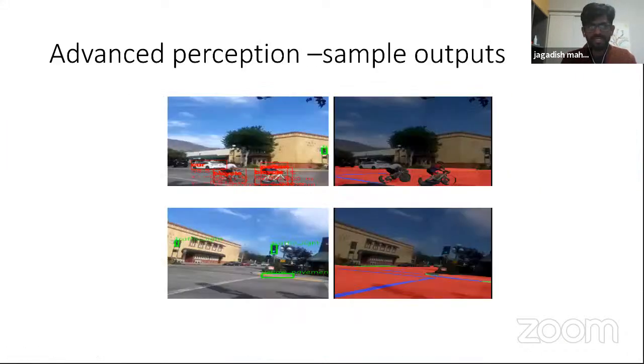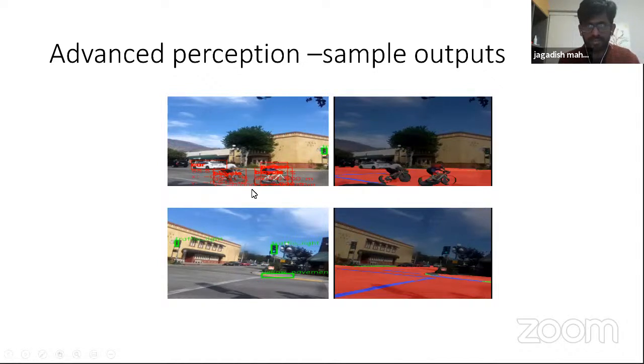So this is a sample output from the full perception stack that is running in real time. The system can perform up to 8 FPS. In this use case here, we are able to detect car, bicycle, and the traffic lights and also yellow pavements.